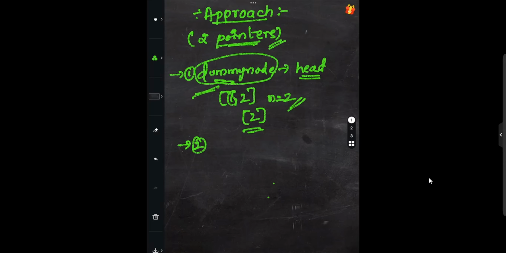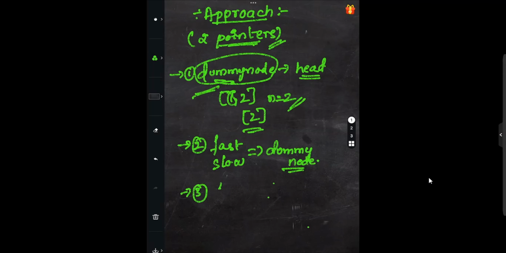The second step is that we'll make use of two pointers, one fast and one slow, both starting from the dummy node. This you have to keep in mind. Let's move on with the third step.